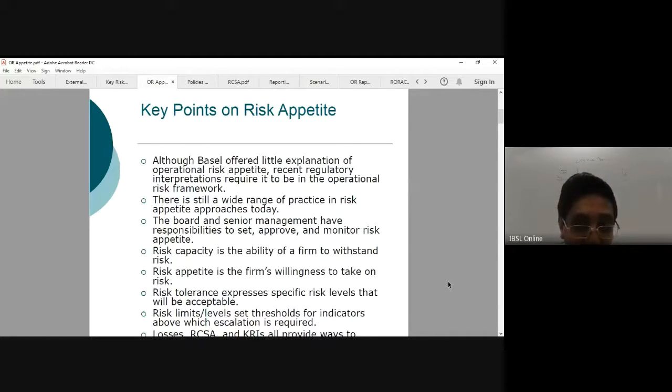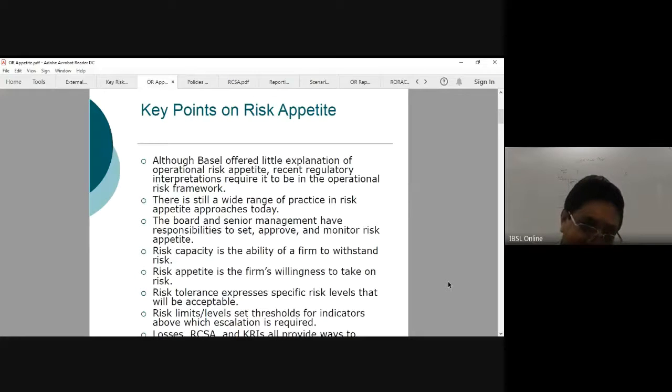So if you put it in a hierarchical way, you can put it this way. Capacity is the highest level, the highest level of risk you can have. Tolerance is the second level. Then the third level would be appetite. So I think you got my point.